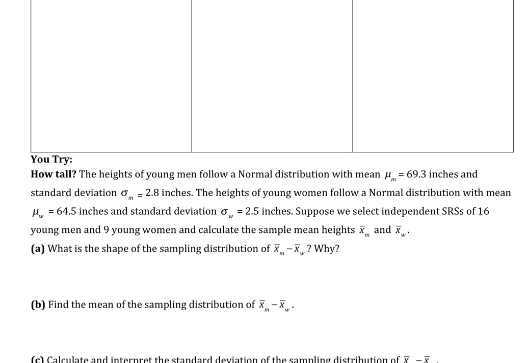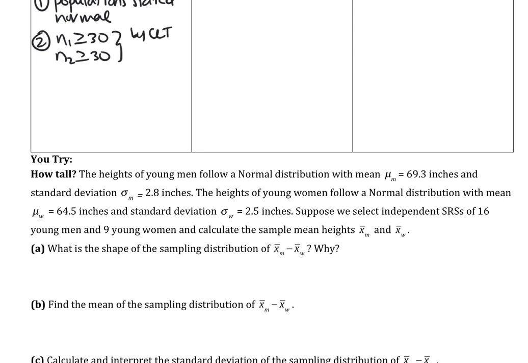So condition number 1 is either that both populations are stated as normal. Option number 2 for normality, n1 is greater than or equal to 30, and so therefore n2 is also greater than or equal to 30. And by the central limit theorem, the distributions are approximately normal.